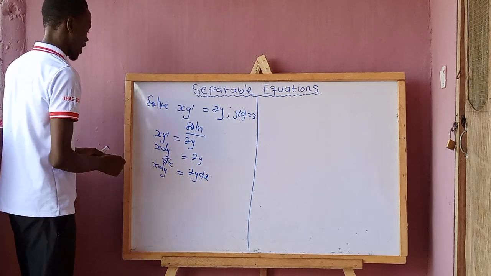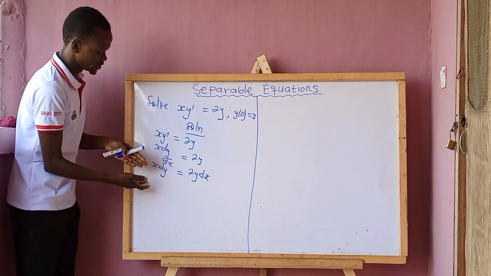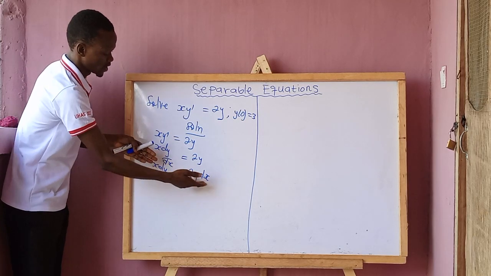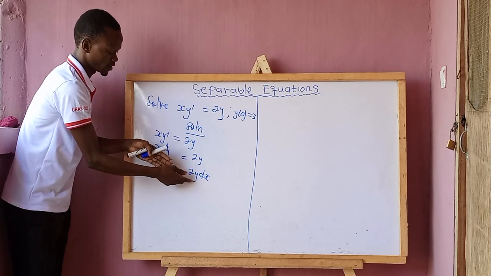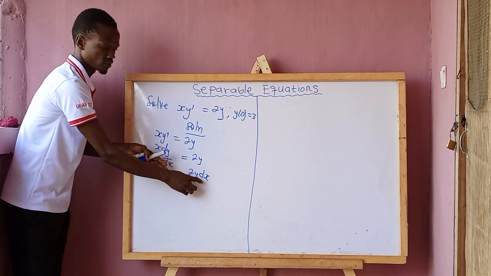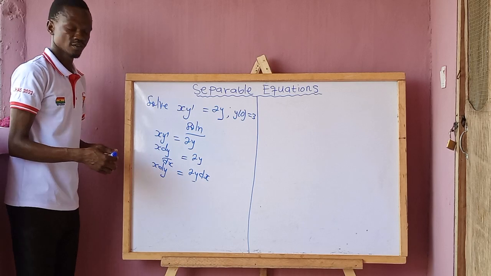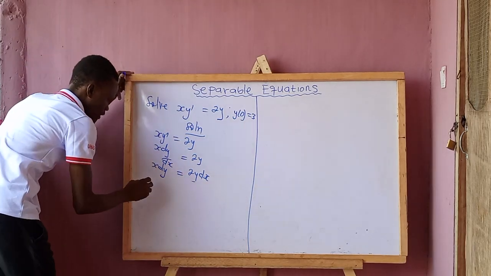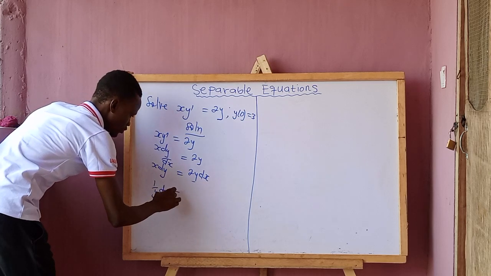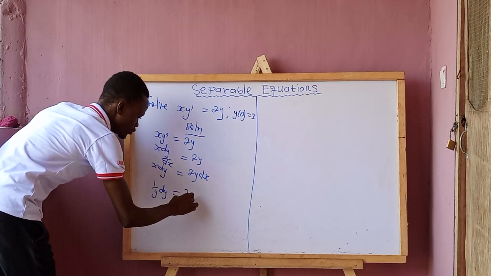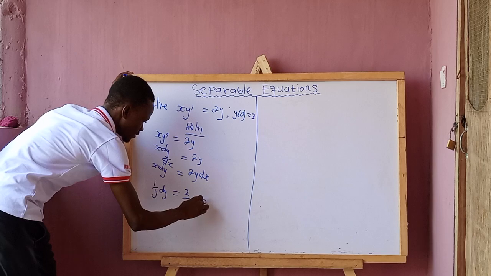We can do that by dividing. When we divide by x, the x will cancel from here and come here. We do the same for y, which will cancel from here and come here. So by dividing, we obtain 1 over y dy equal to 2 over x dx.